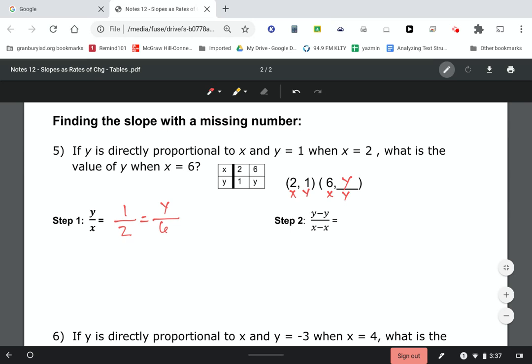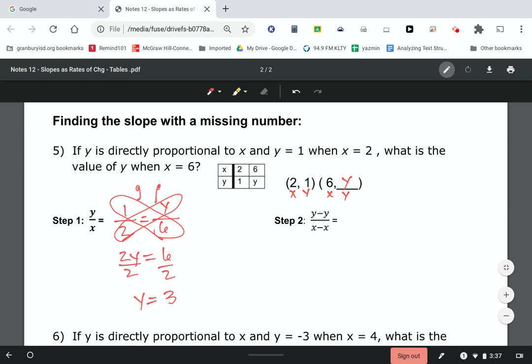And then you can do your little butterfly method that I call it. So 2 times y is 2y, and 1 times 6 is 6. You divide by 2, and y is 3.